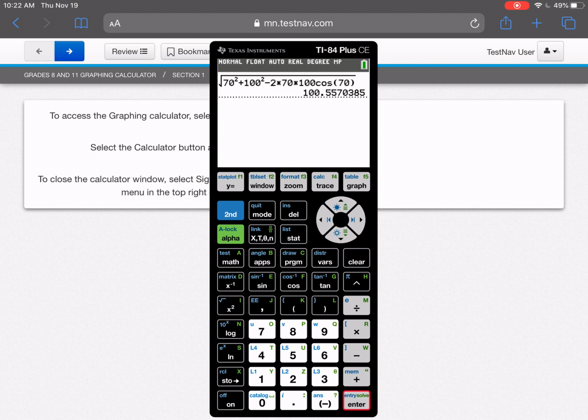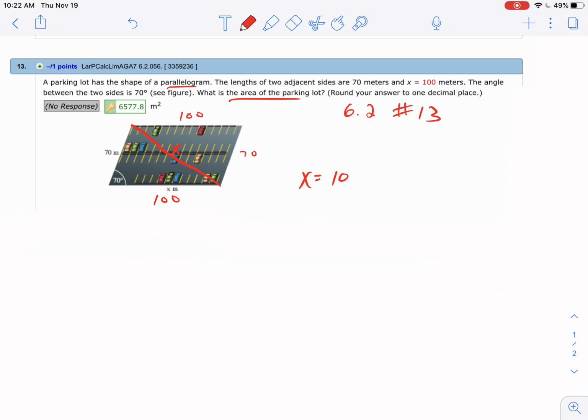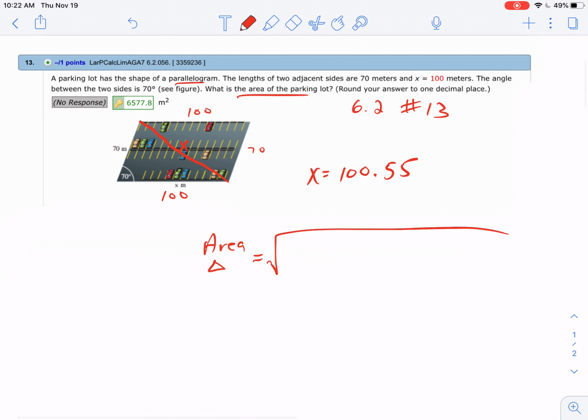So my x is 100.55. Now, according to Heron's formula, then I could do the area of the triangle by finding the square root of the s and all that. So off to the side, we would do 70 plus 100 plus 100.55, all divided by 2.